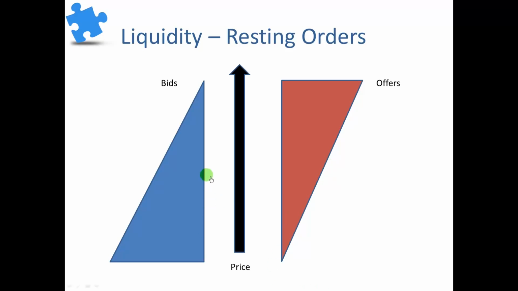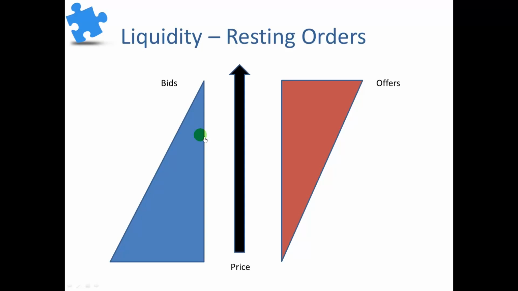As you move up, bids get thinner, and as we move down, the offers get thinner. Obviously as we're moving up, bids get thinner and offers get thicker. It's going to be harder to maintain that upward momentum until these bids have had time to thicken up again.